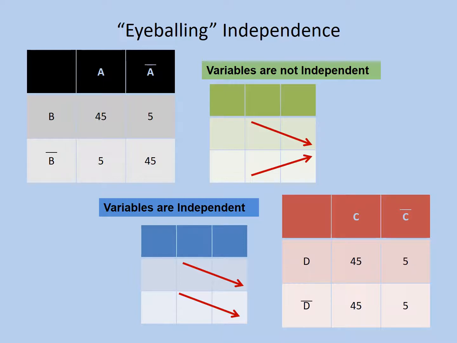Also in row B bar, the cell frequency decreases exactly the same way, from 45 to 5, giving the same downward arrow. When two such arrows go in similar directions, or more specifically are parallel, we conclude that the two variables being considered are independent.